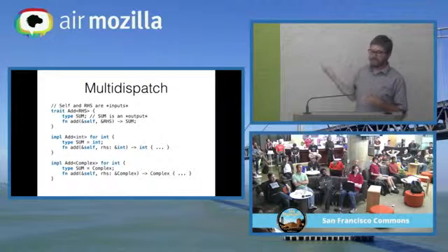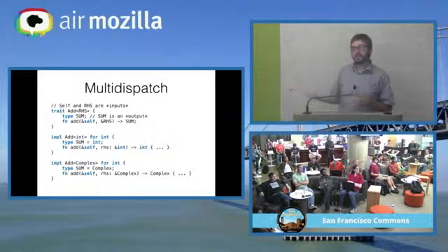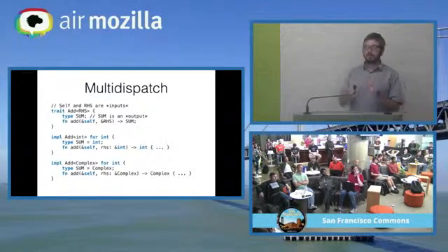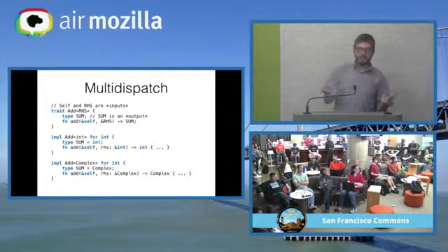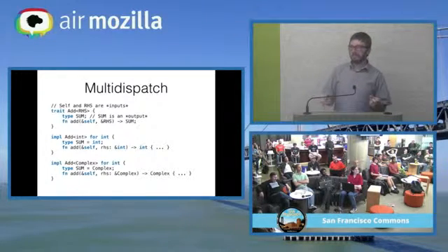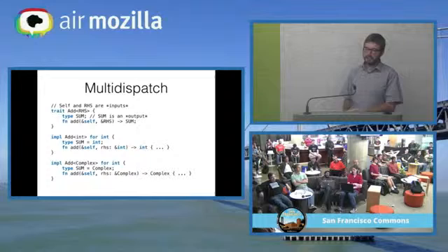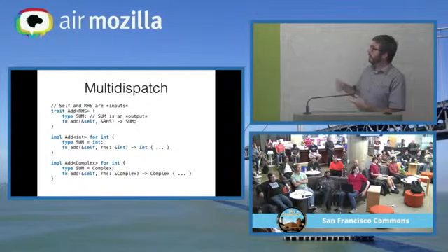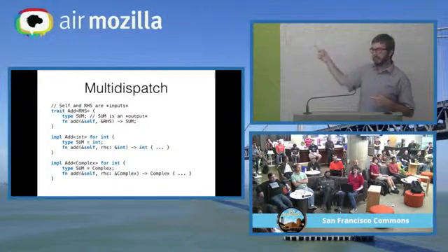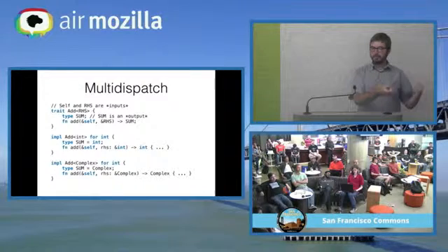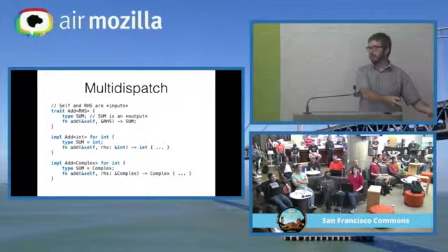So the canonical example is if you have a binary operation like add, you want to be able to talk about adding an int and an int, and adding an int and a complex, and those should run different code. They should give you different types back, right? And this allows you to do that, which is pretty tricky to do in today's Rust, right? But notice the type of the sum is an associated type, because once you know the two input types, then the sum type is determined, right?